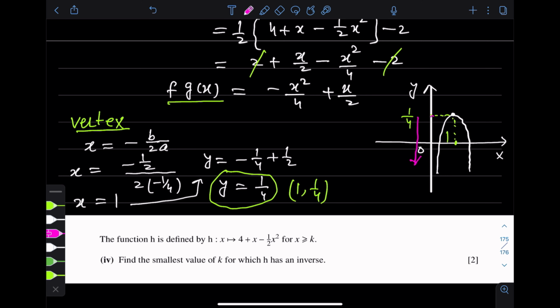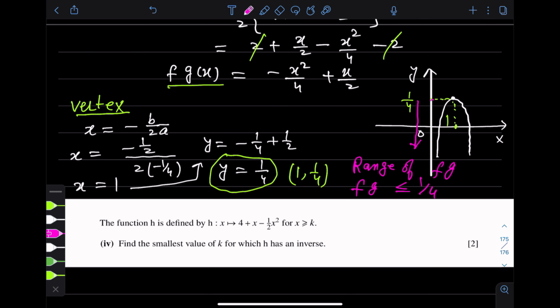So the range of fg is less than or equal to 1 over 4. This is the range of this fg(x).